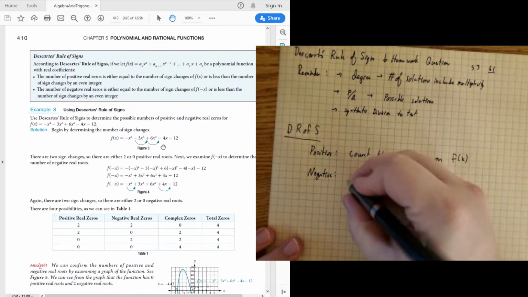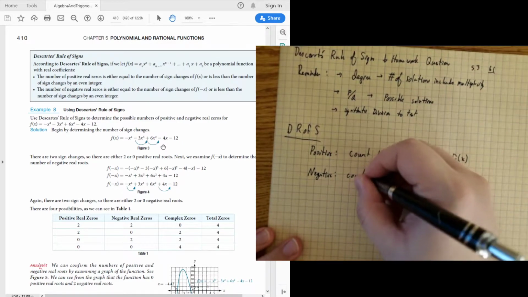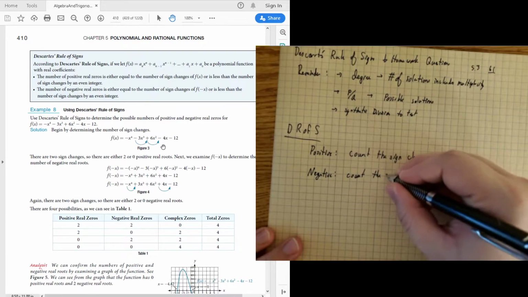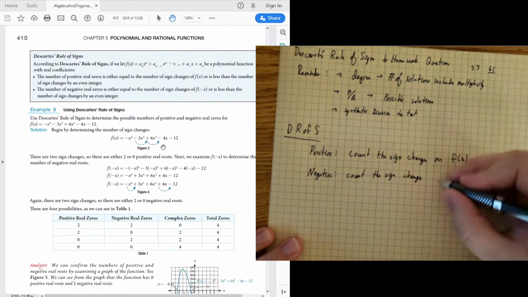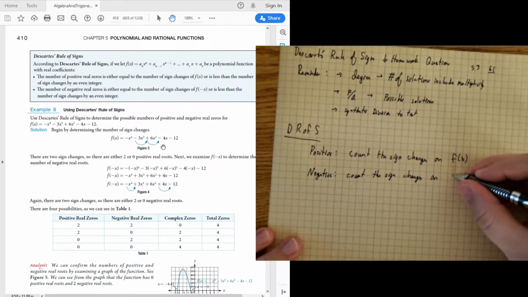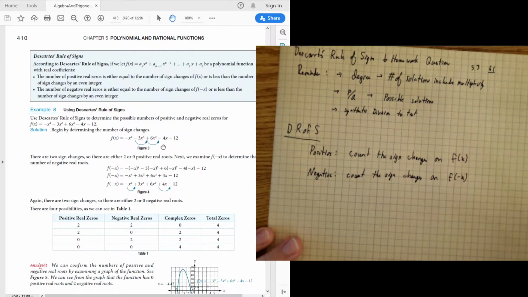For the negatives, you need to count the sign changes on f of negative x.